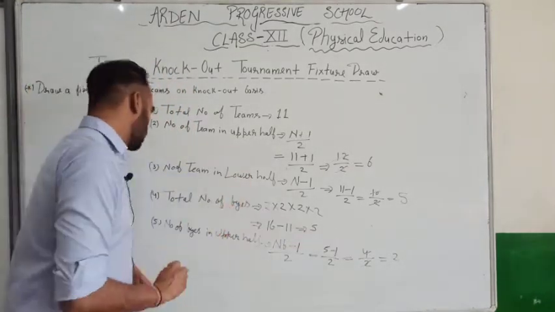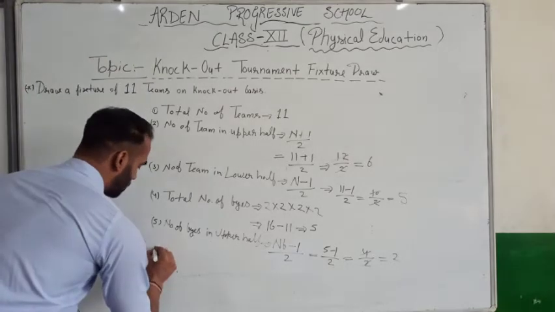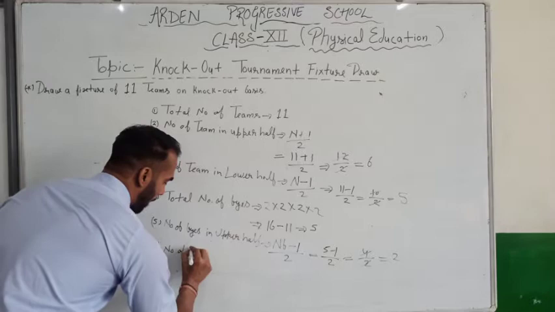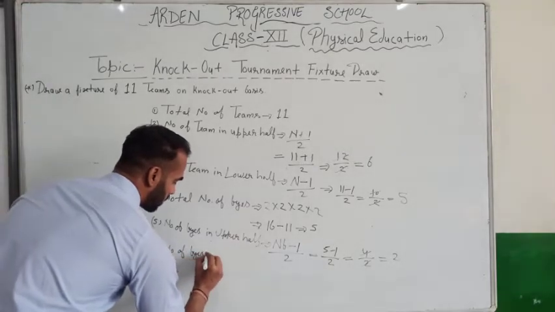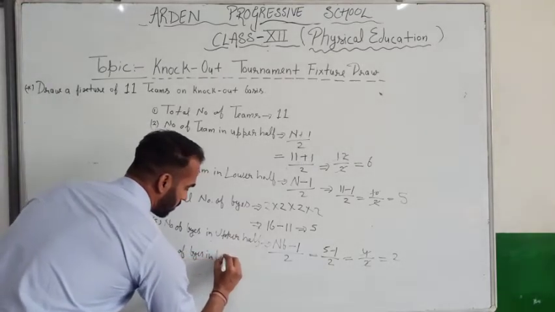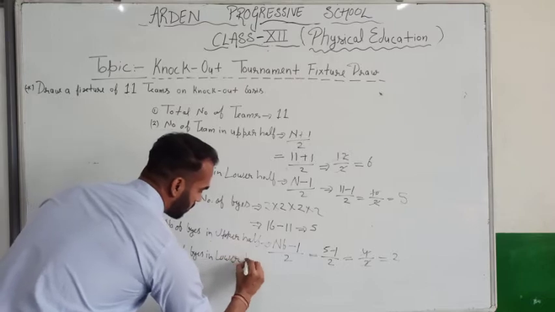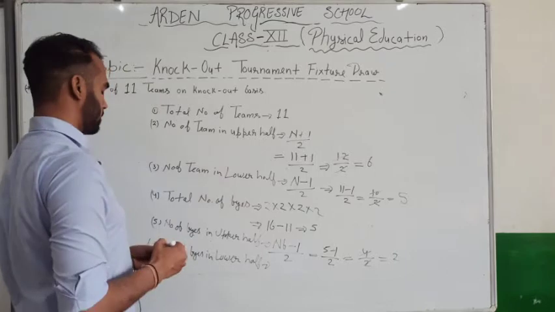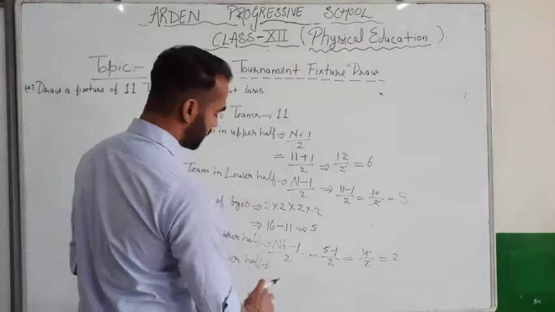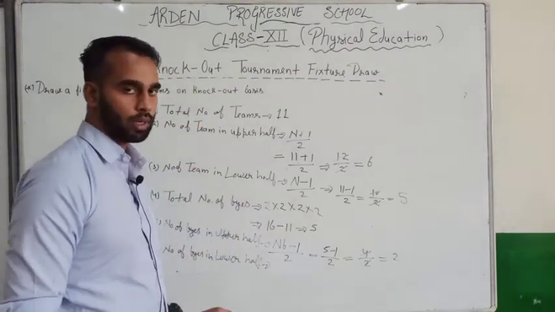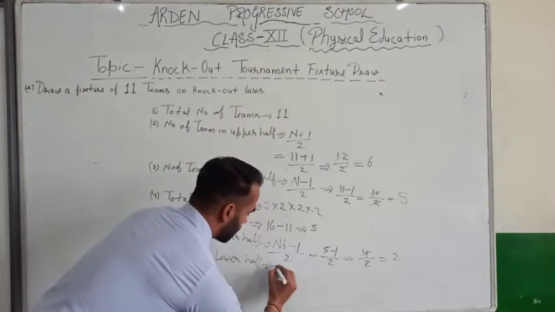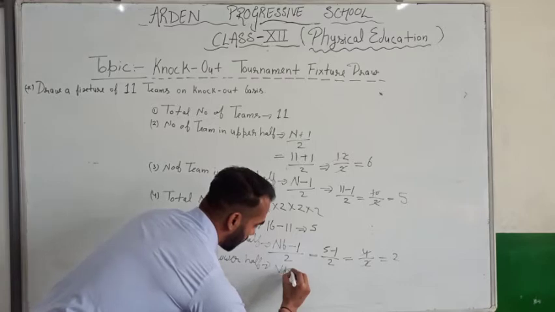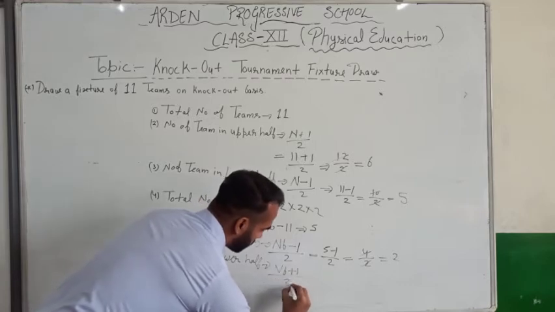Okay class, so point number 6 is the number of byes in the lower half. Okay class, so for the number of byes in the lower half there is another formula. The formula is (NB+1)/2.